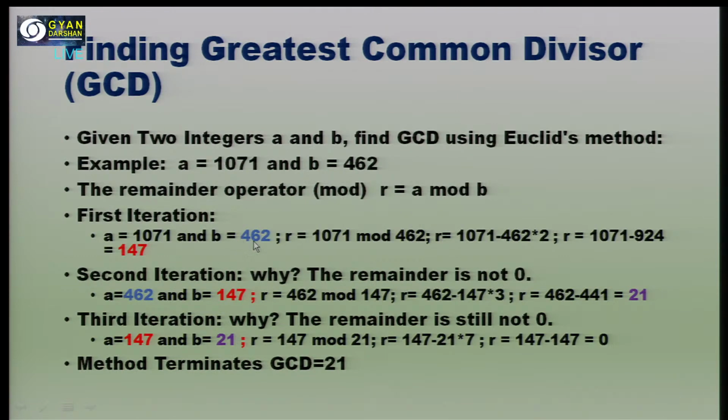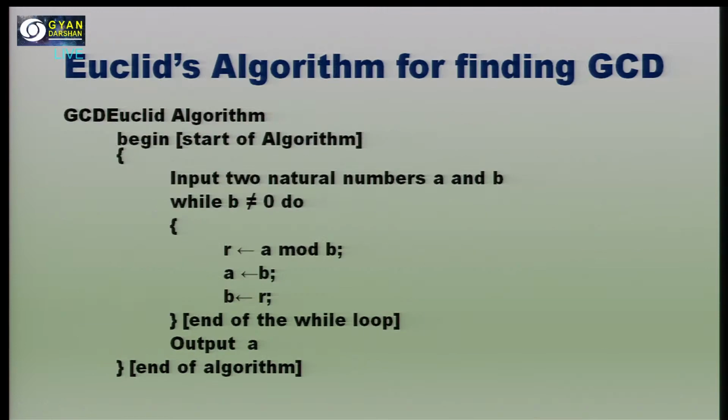In the next iteration, the value of B was transferred to A. And the value of the remainder is transferred to B. So this is what you have already done. The remainder has been transferred to B, and thereafter you loop, so you go back to this particular point.